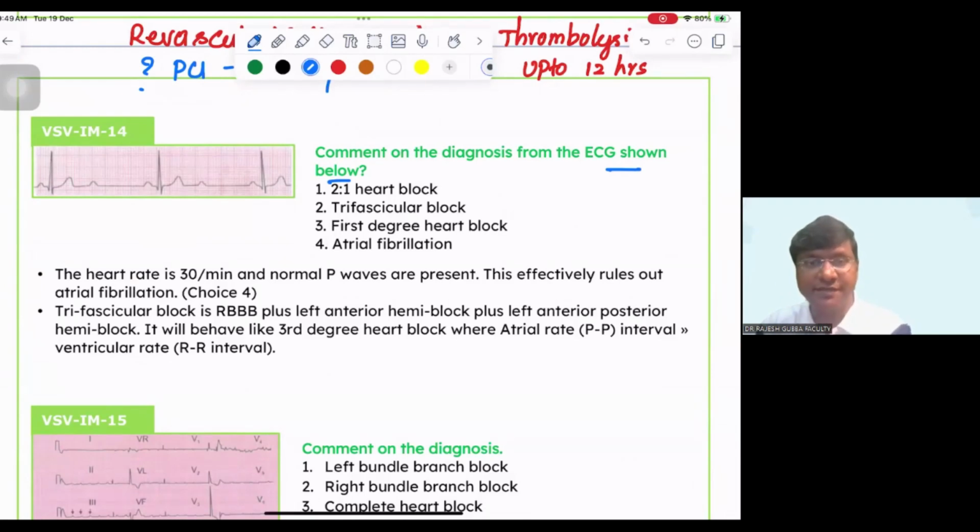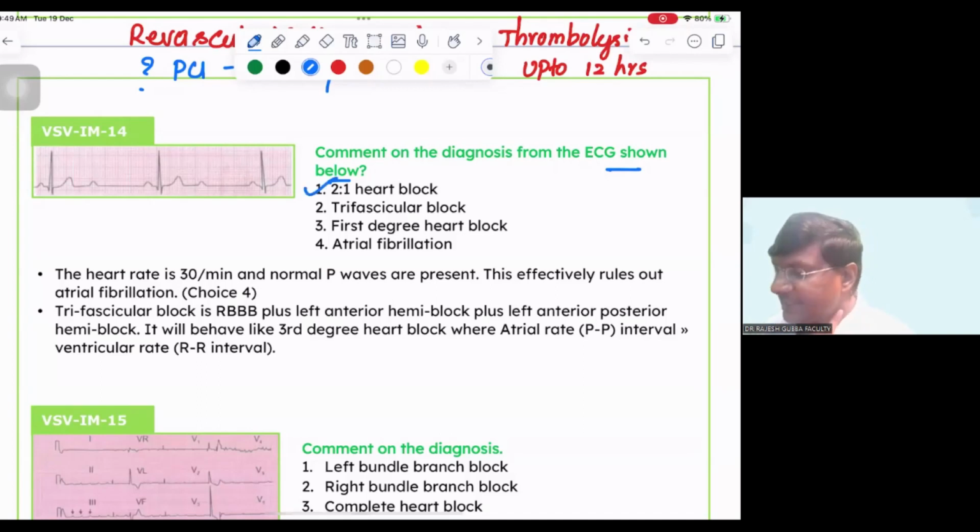2:1 heart block, trifascicular block, first degree heart block, atrial fibrillation. Oh, why are you people answering first degree AV block? We have only the correct answer coming from Arjun and Agara Mudavalan and all of you who are answering now.